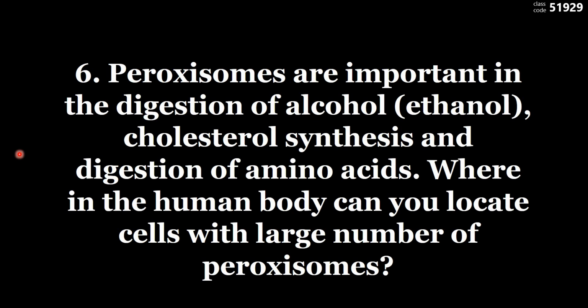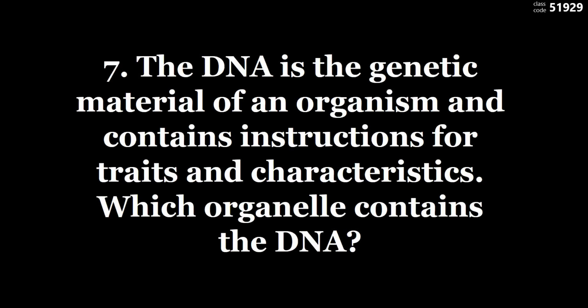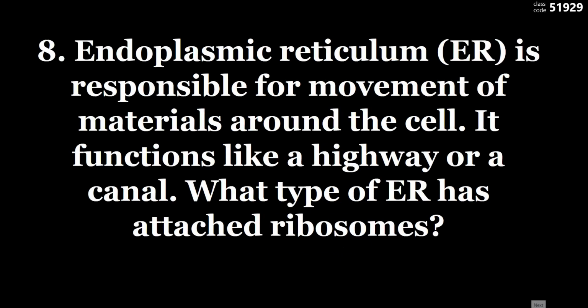Okay, the correct answer is in the liver. Very good. So number 7, the DNA is the genetic material of an organism and contains instructions for traits and characteristics. Which organelle contains the DNA? Very good. That is correct. It is nucleus.